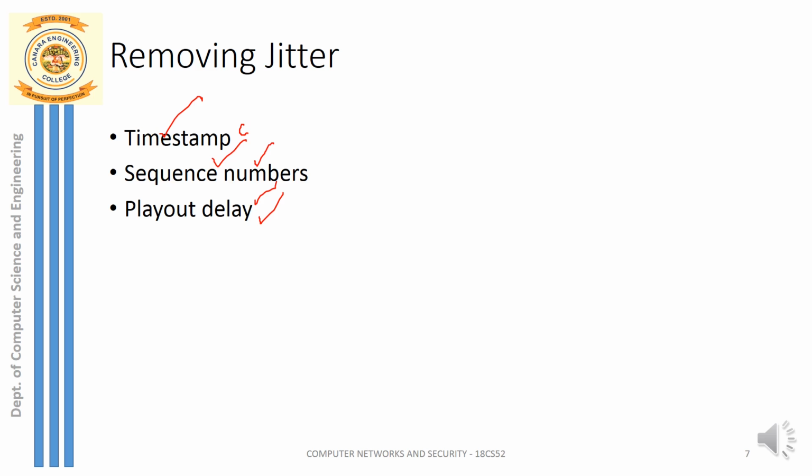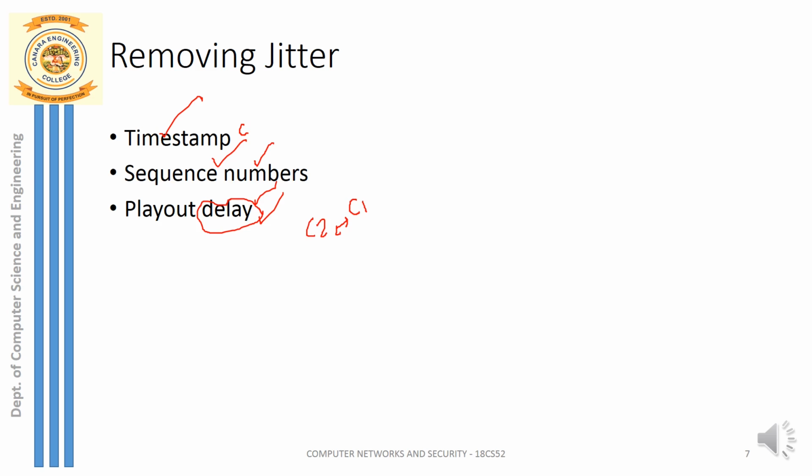So play out delay is something like this: whenever the receiver is receiving the chunks, he can fix one delay for playing the chunks. The gap between the chunks to play them can be fixed. If chunk 1 is received, we will fix a delay or a gap between chunk 1 and its subsequent chunk. So what is the subsequent chunk? Chunk 2.